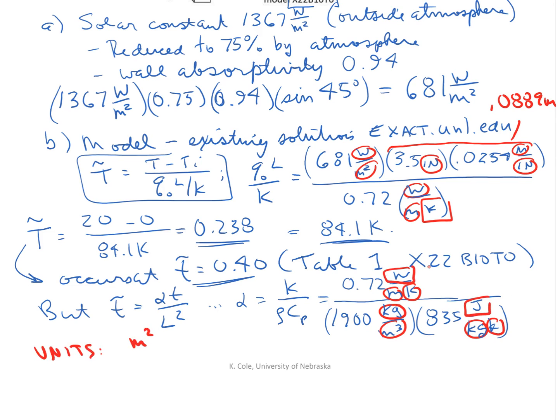A watt is a joule per second, so we end up with meters squared per second. And the numbers turn out to be 0.72 divided by 1900 divided by 835, which is 4.54 times 10 to the minus 7. And again, the units are meters squared per second. So that's the thermal diffusivity.